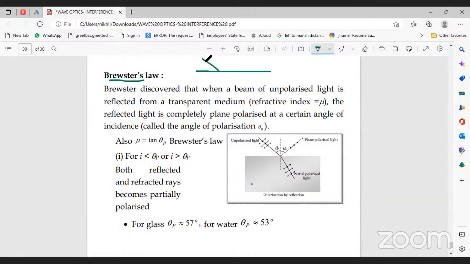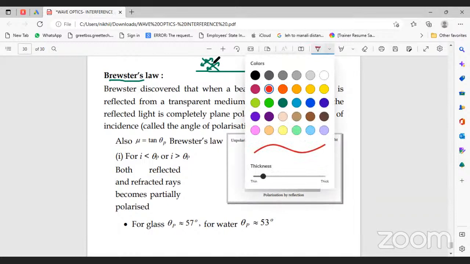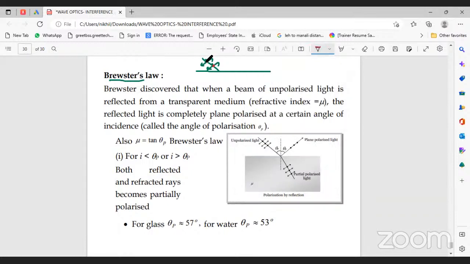On the interface, I'm going to make a ray of light incident, which I'm drawing with both the dot as well as the arrow mark. If I'm using both the dot as well as the arrow mark, what type of light is it? It is unpolarized.